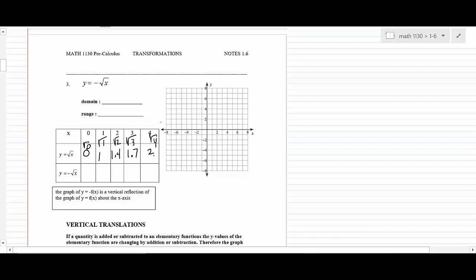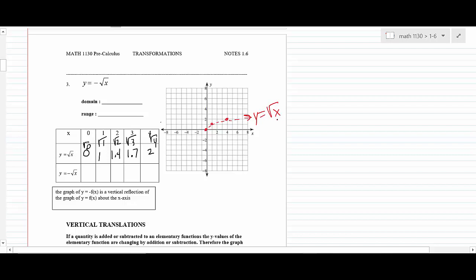Okay? So if you go through and plot those points, the elementary function is going to look like this. We have 0, 0. We have 1, 1. Then I'm just going to go to 4, 2, and forget about those decimals. This time I'm just going to use a dashed line and label that as the function y equals square root of x, okay?